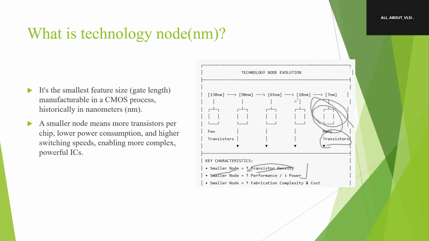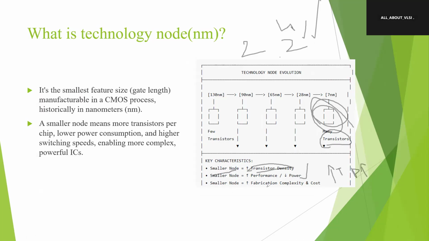Consider an example: if one worker is constructing a wall, that person constructs the wall in 4 days, but with two workers they can construct that wall in 2 days itself. So here performance also increases, we save time. Same case here: as the transistor count increases, performance also increases, right?